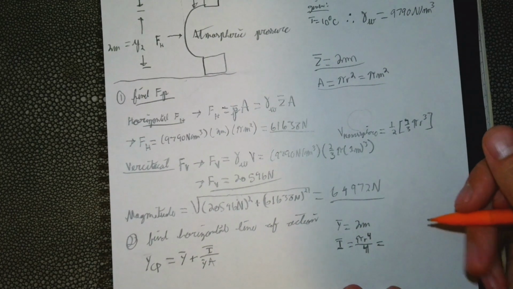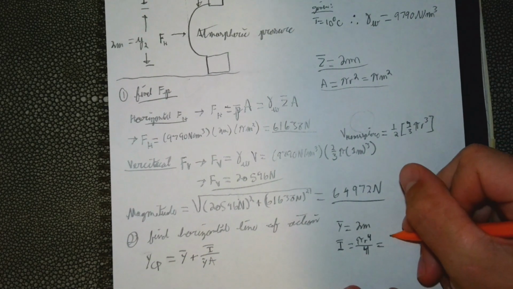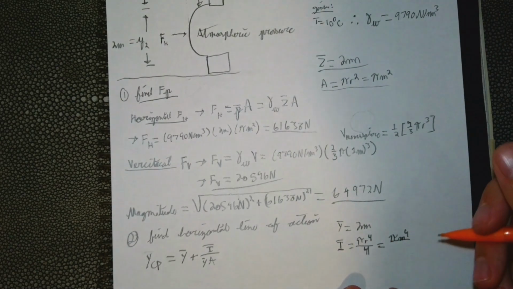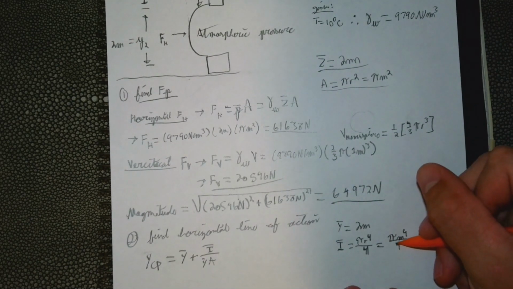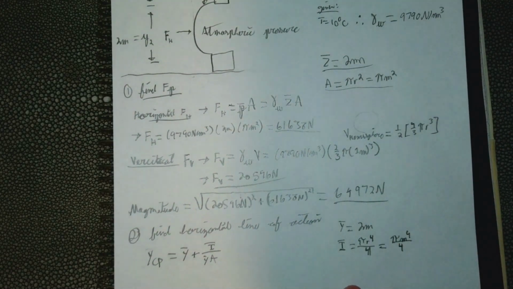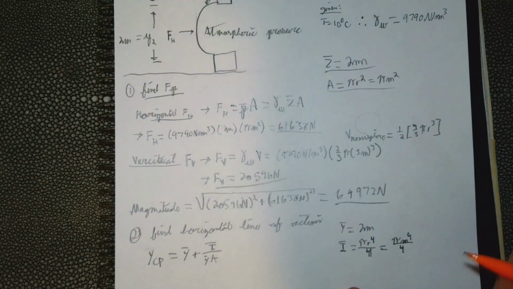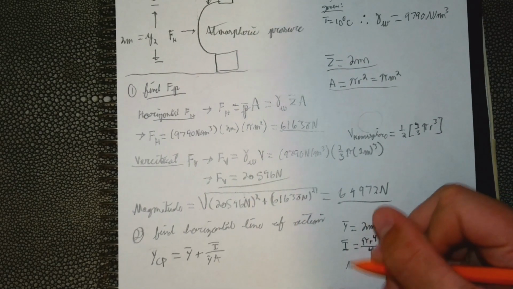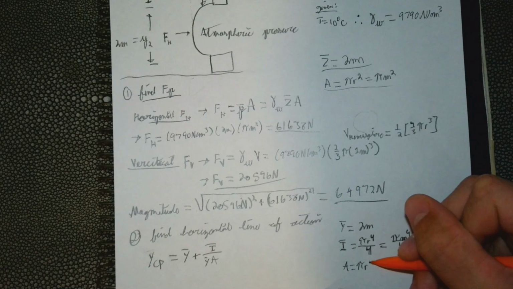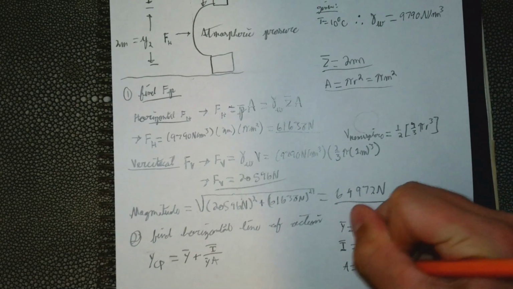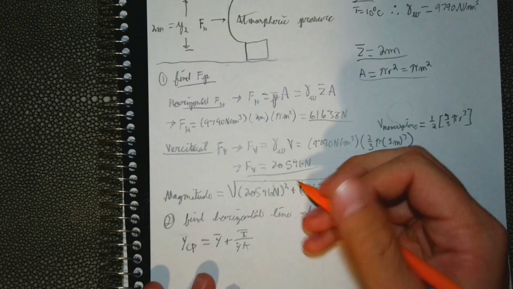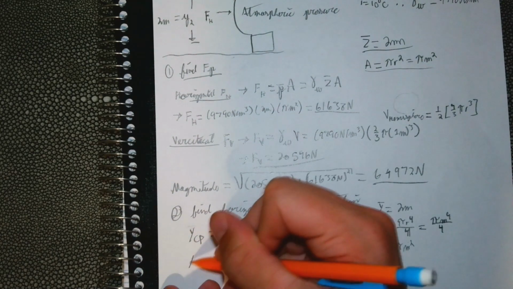And we know that the radius is just 1 meter. That's just meters to the 4th power. And then our area is, again, pi r squared, or pi meters squared. So we can go ahead and plug everything we know in.